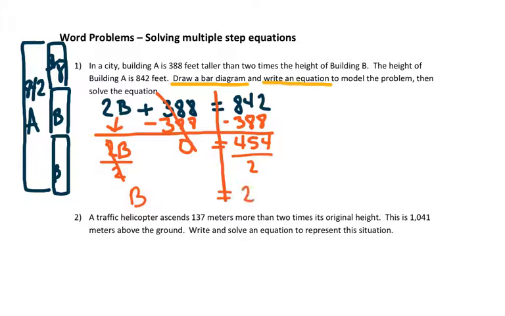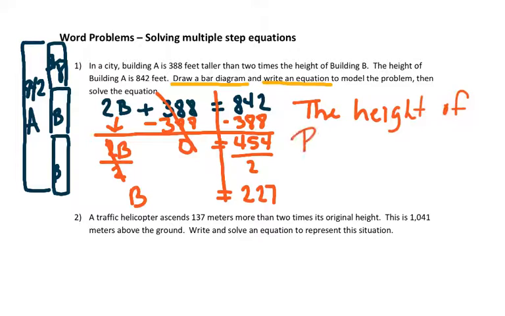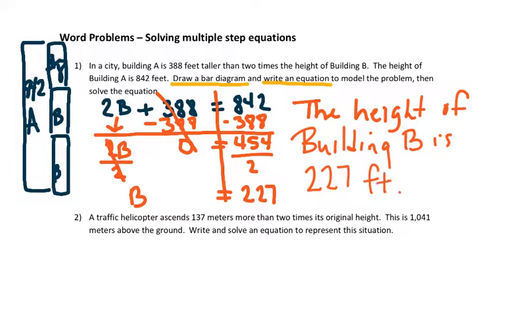And we have 227. So what we have done is we have found that the height of building B is 227 feet. And there's our answer.